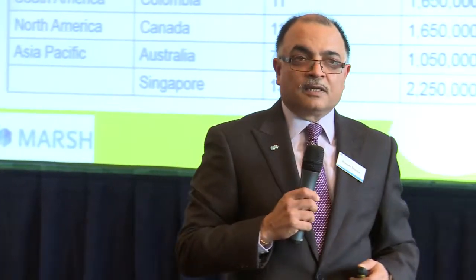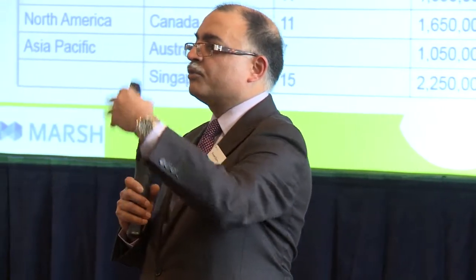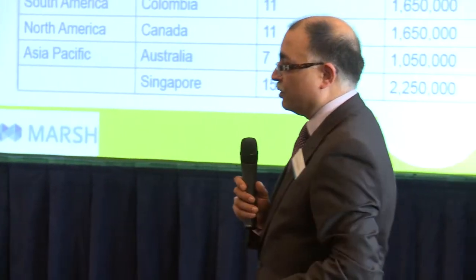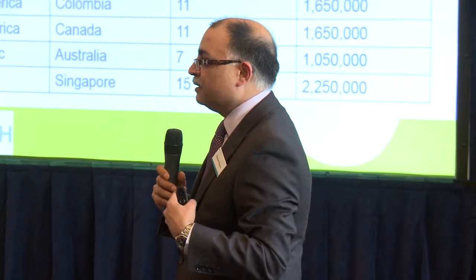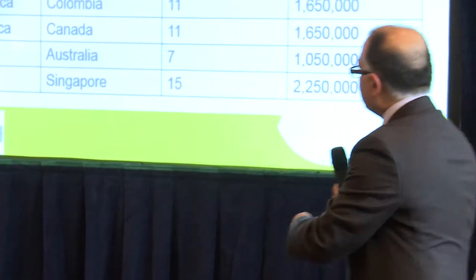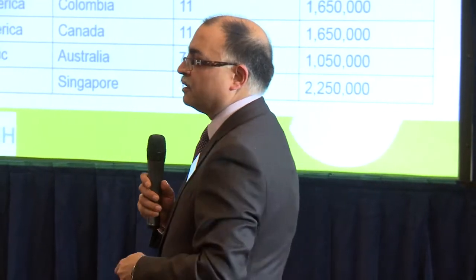What it means is that the insured can go out of the country and procure insurance from an overseas insurer, okay? But the insurer still can't come into my country and do things in my country without a license. So if I buy non-admitted insurance in these countries, how is the loss going to be adjusted? Who is going to adjust the loss?